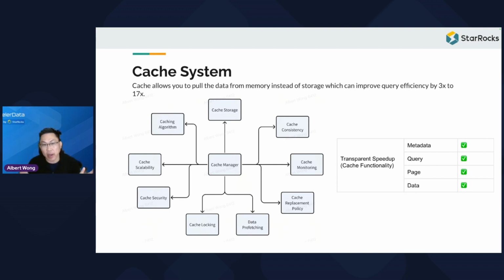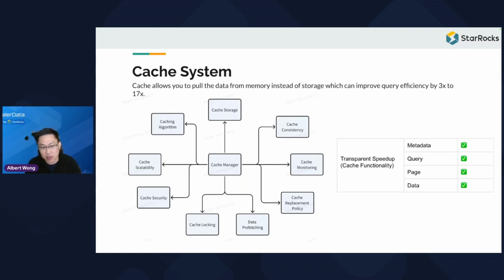The cache within our product and within our enterprise version is the same one. With better cache systems, we can accelerate query efficiency. In certain cases, depending on the workload, we could get 3 to 10x or even more in performance enhancements.